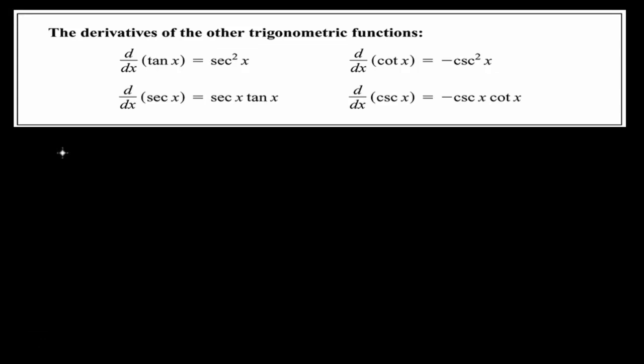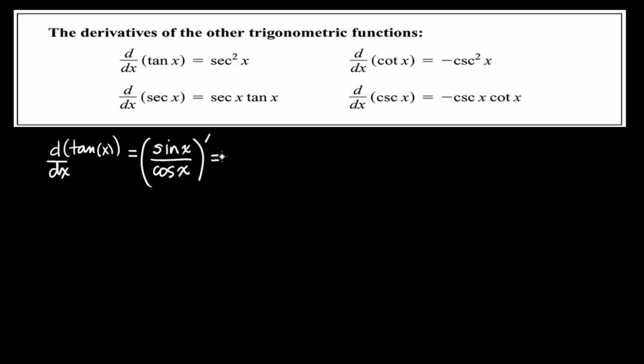So now to take the derivative of tangent of x with respect to x, I'm going to use the prime notation. I want you to get used to different kinds of notation. So let's write tangent as sine of x over cosine of x. And we take its derivative.